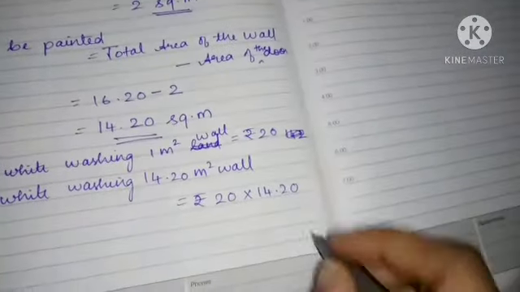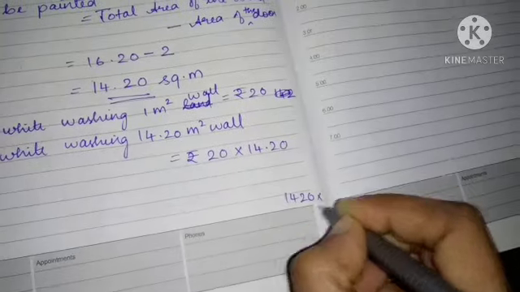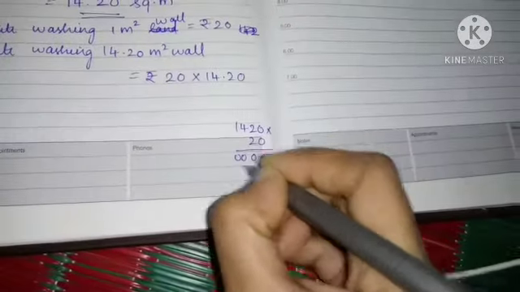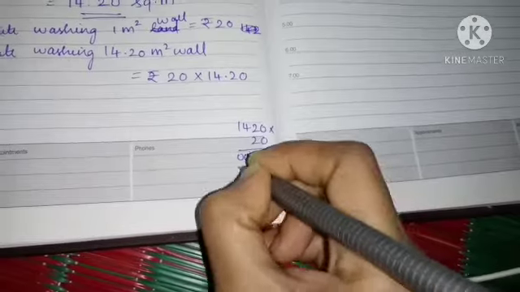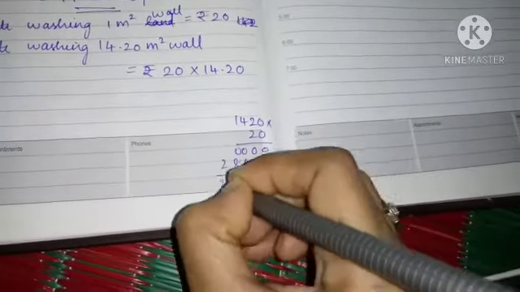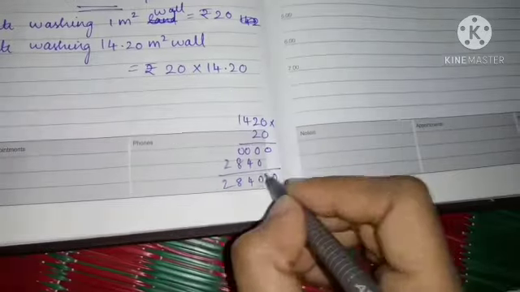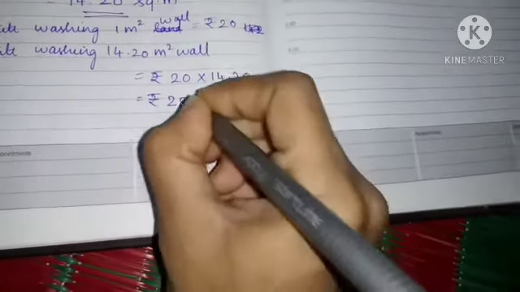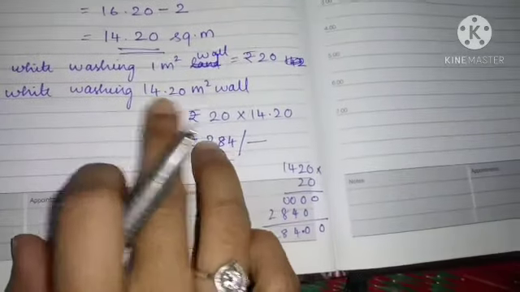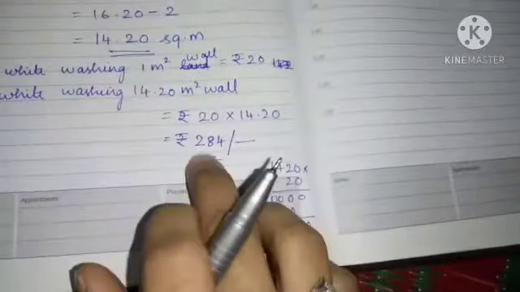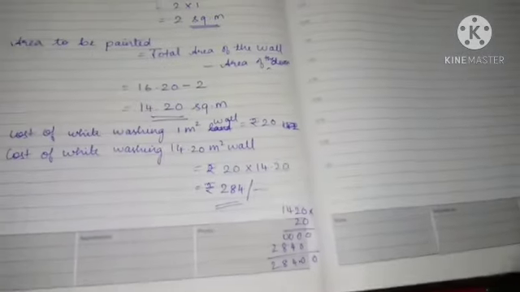I'm calculating here: 1420 into 20. 2 2s are 4, 4 2s are 8, 00482. How many decimal points? 2 decimal points. So how many rupees is it? 284 rupees. So for painting this 14.20 meter square wall, it costs rupees 284.